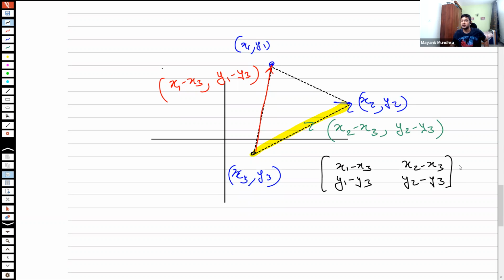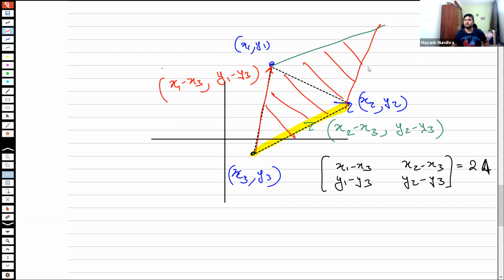So this determinant is going to give me twice the area of the triangle. So let me call the area delta. So it's going to be twice. Why is it going to be twice? Because this determinant gives me the area of this parallelogram, which is basically twice the triangle. Okay. So the delta value should be equal to half times of this determinant.